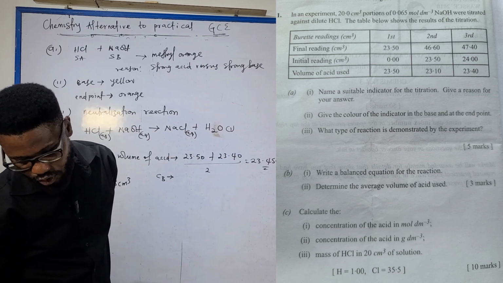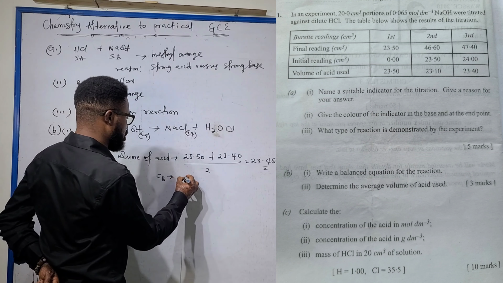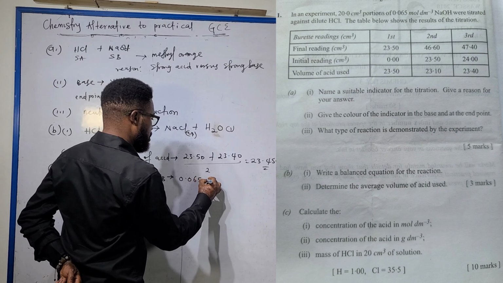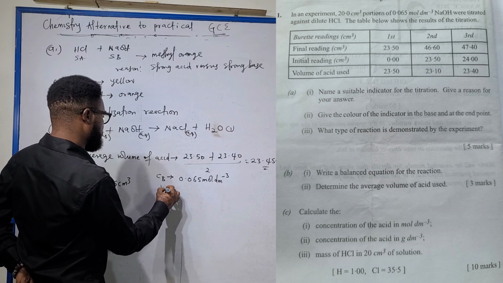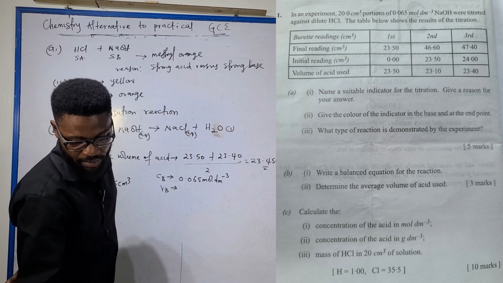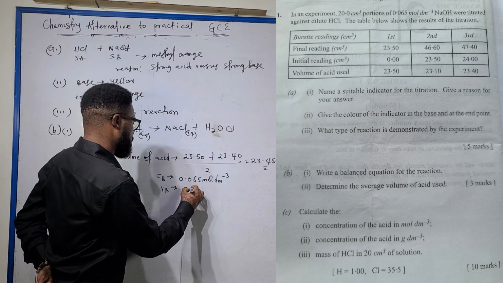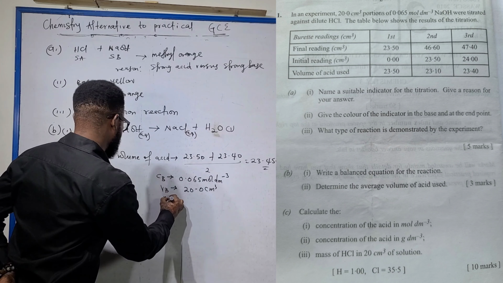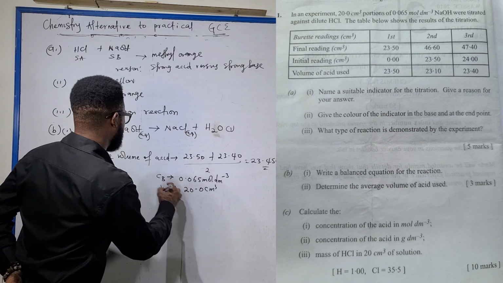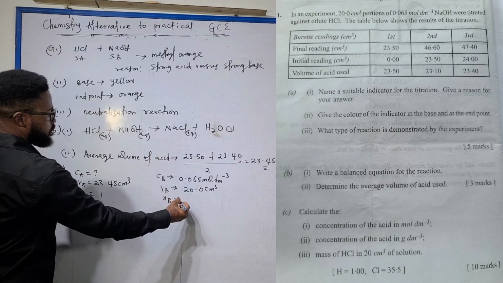I was given my Cb to be 0.065 mole per dm cube, and my Vb is the volume of the pipette, which is 20.0 cm cube, and my Nb from this equation is 1.